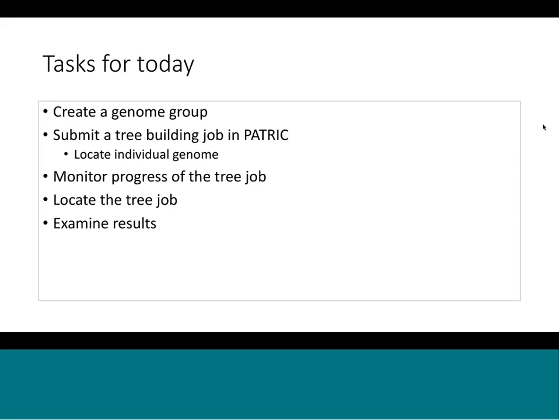I'll show you how to monitor the progress of your tree job, locate it once it's finished, and then we'll look at examining the results. I'll also show you some different tools. PATRIC will provide you with an SVG picture of your tree, but you may want to mess around with that a bit. So I'll show you 2 different pieces of software that you can use to examine your tree.